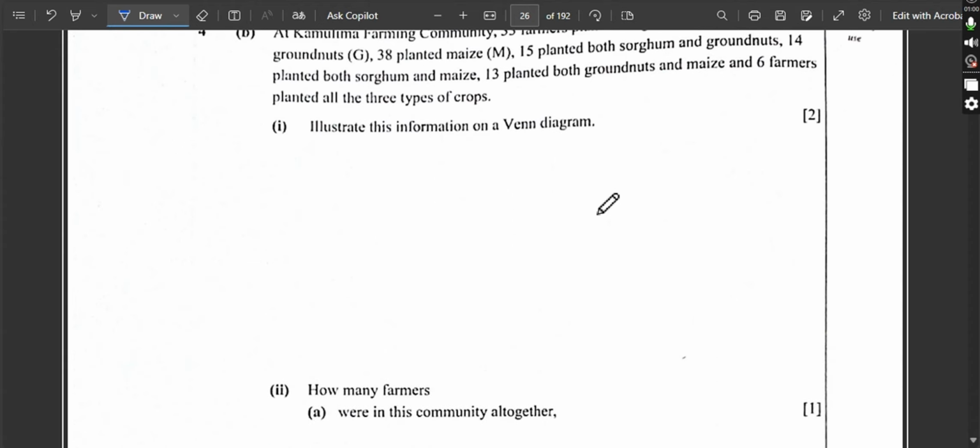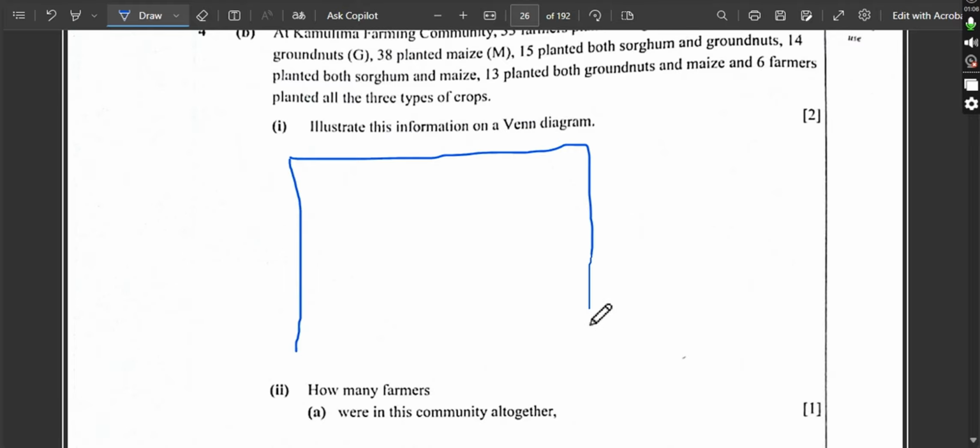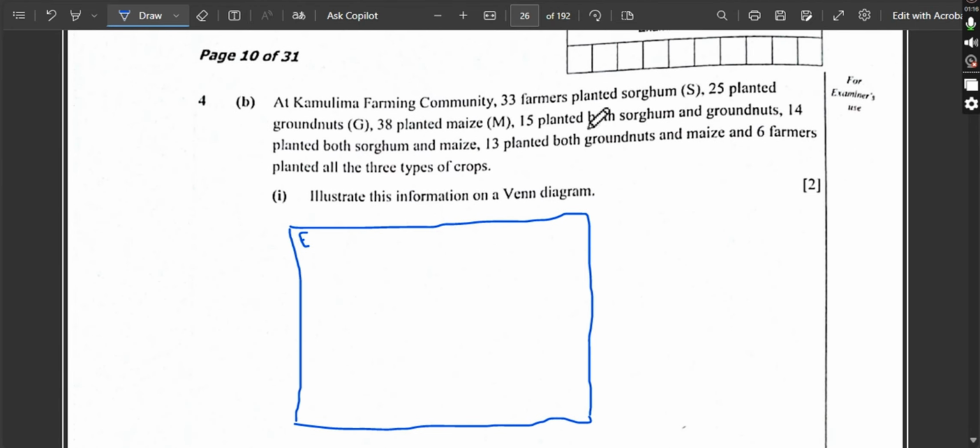For this particular question, you just need to draw up your Venn diagram nicely and illustrate the information. You begin by putting the universal set. Then you look at how many sets you have: a set for sorghum, a set for groundnuts, and a set for maize.